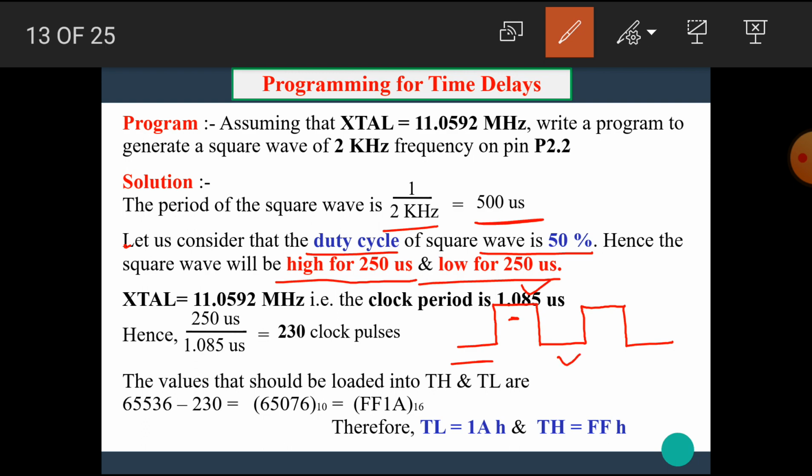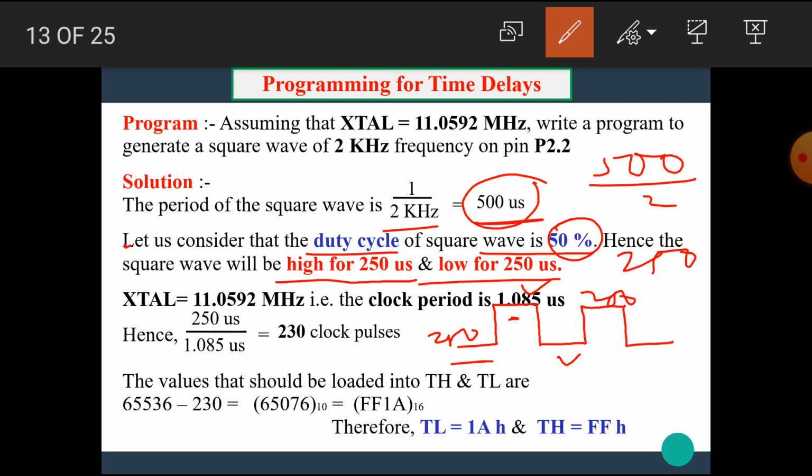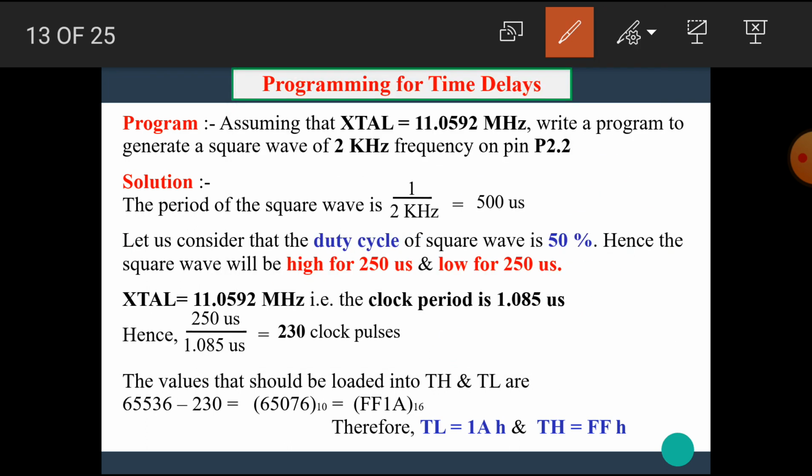We have to generate a square wave of period 500 microseconds. If we consider the 50% duty cycle, then we divide 500 by 2 and get 250. That means we have an off time of 250 and an on time of 250. I hope you all understand this calculation.